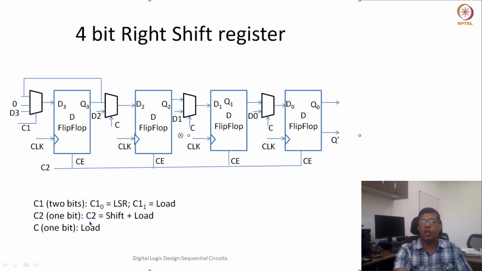This control signal could be a load one. So if load is 0, then it would be taken from this Q3, or if load is 1, then it's taken from D2. Similarly for all others. So this is how we can design a 4-bit shift register which can load the input in parallel, as well as shift all these bits from left to right.